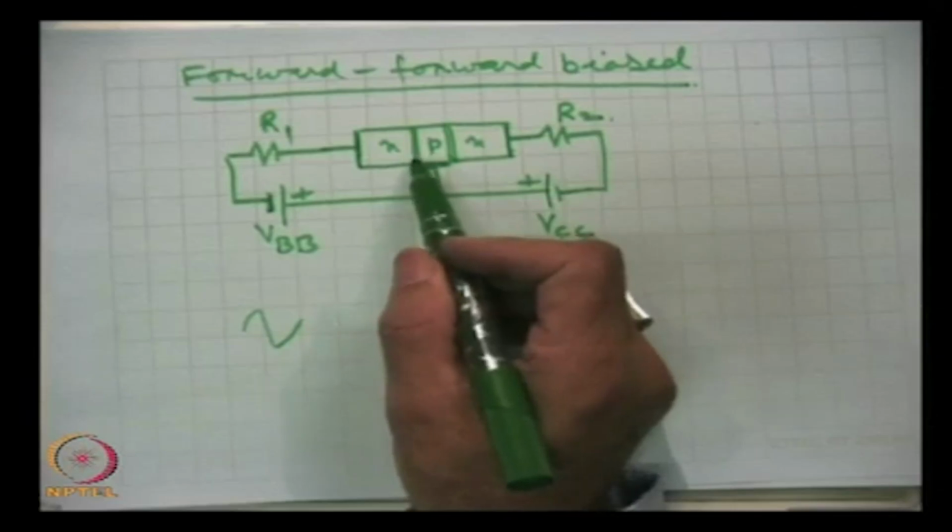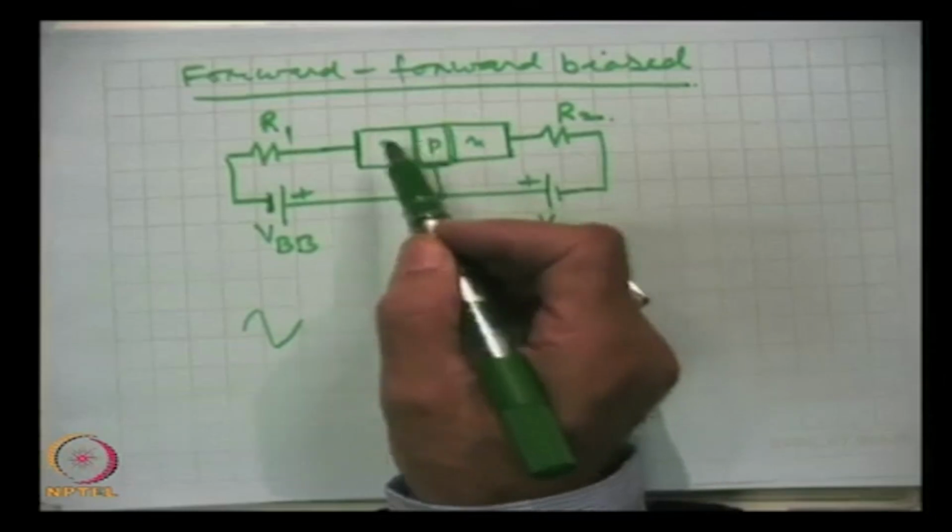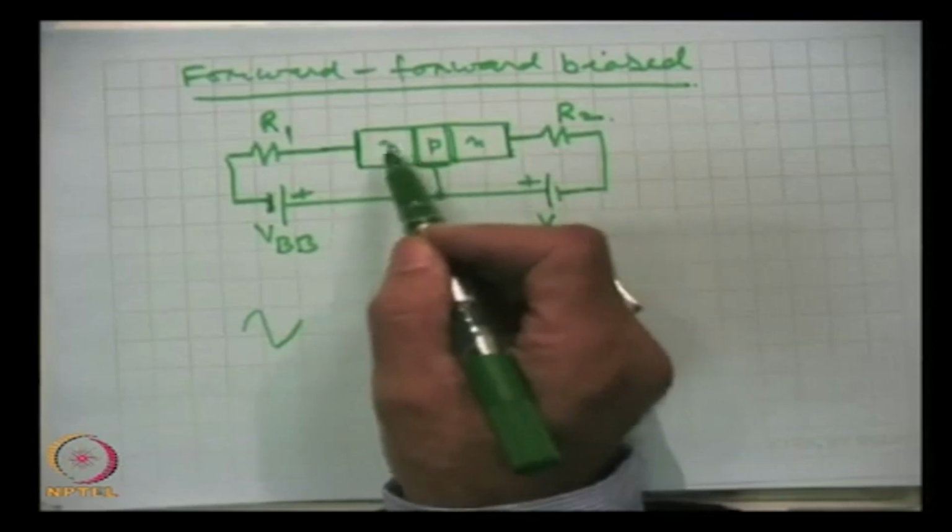Now, here we can bring in our knowledge of the PN junction, that when a PN junction is forward biased, a heavy current flows which varies exponentially with the applied voltage, and the current arises because of electron diffusion towards the base, since there is a heavy density of electrons here.